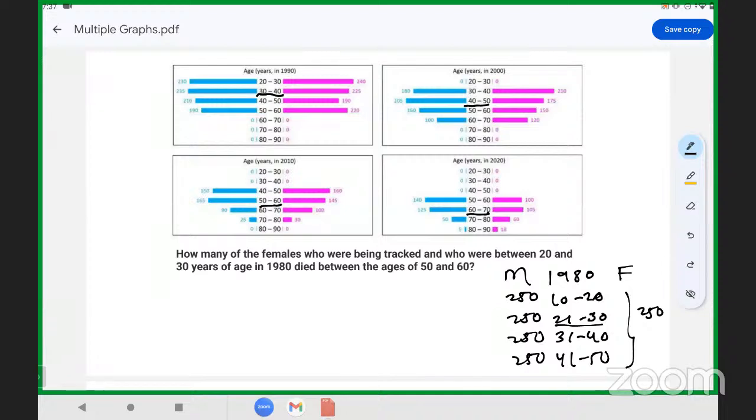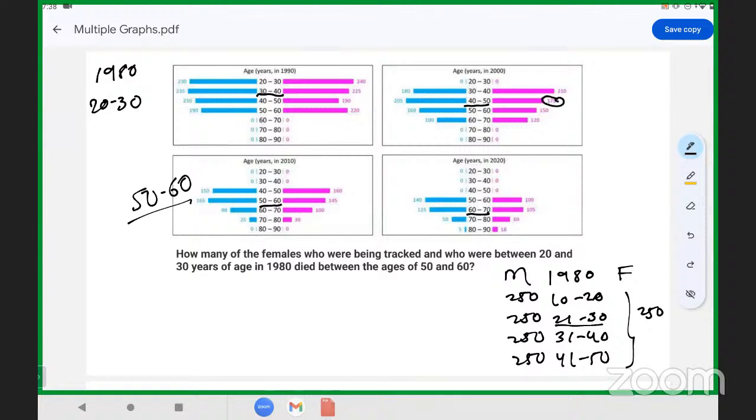How many of the females who were being tracked and who were between 20 and 30 in 1980? Now they will become 30 to 40, then 40 to 50, then 50 to 60, and 60 to 70. We have to find out how many of them died in the ages of 50 to 60. This figure represents the 50 to 60 graph.